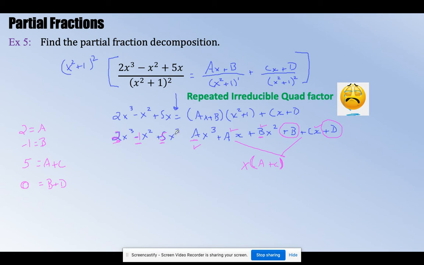My constant over here, there's actually a plus 0. So how does that help? Well, I know what b is, don't I? So 0 is equal to -1 plus d. So what is d equal to?